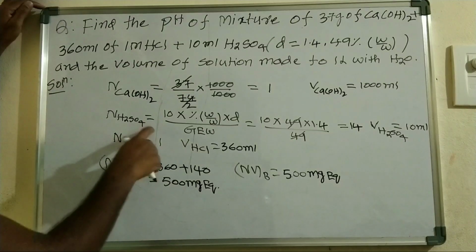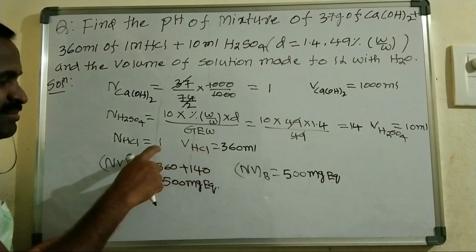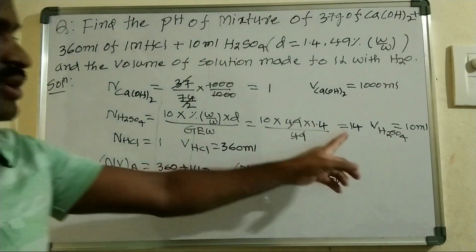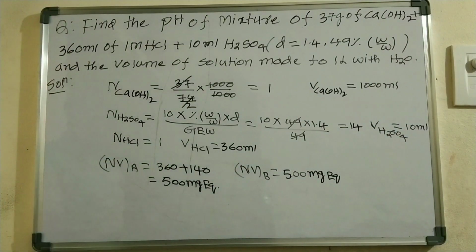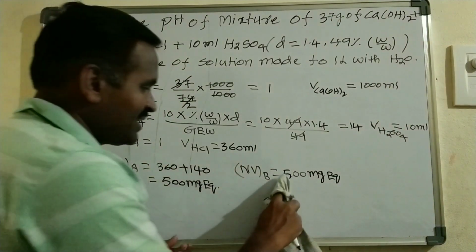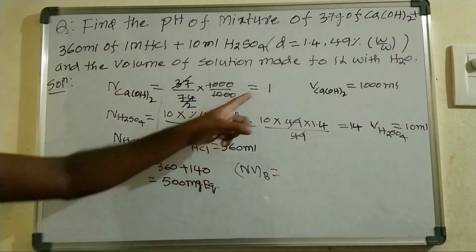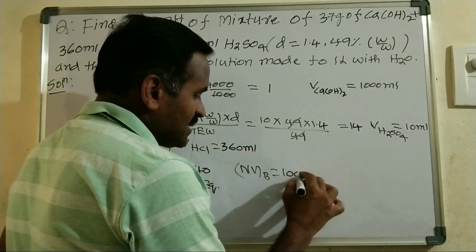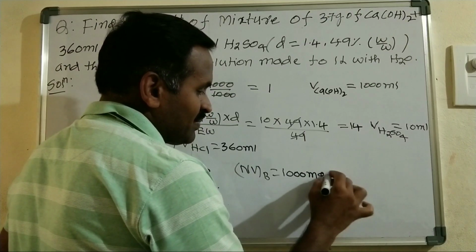So you can take the NV product of both H2SO4 and HCl. This is 360 ml into 1, 360, and you will get 14 into 10 ml, 140. Total 500 milliequivalents you will get. But in the case of the base, the NV product of base here is 1 into 1000, and 1000 milliequivalents you will get, right?